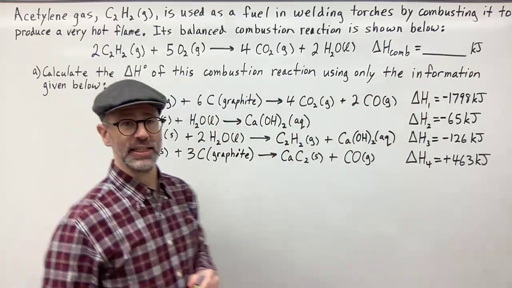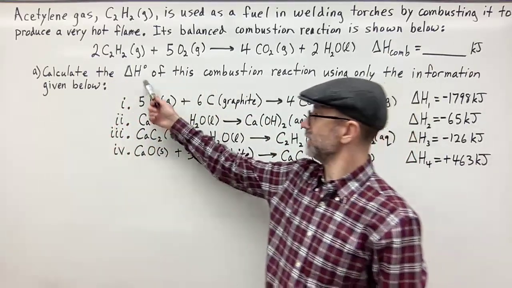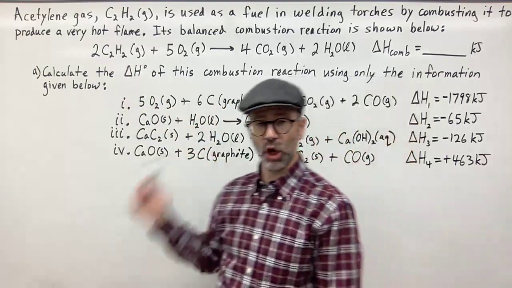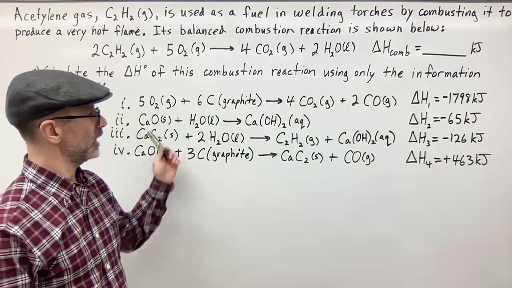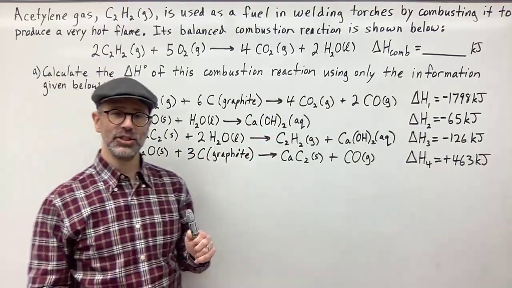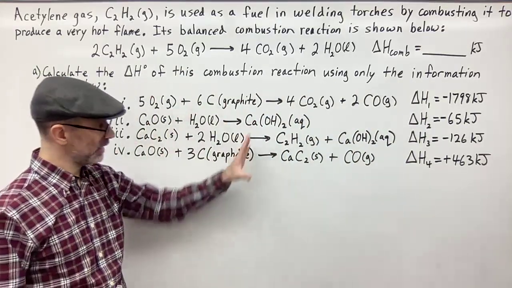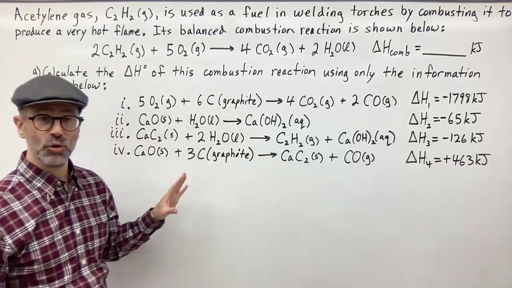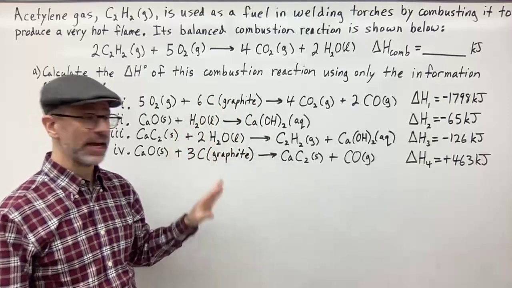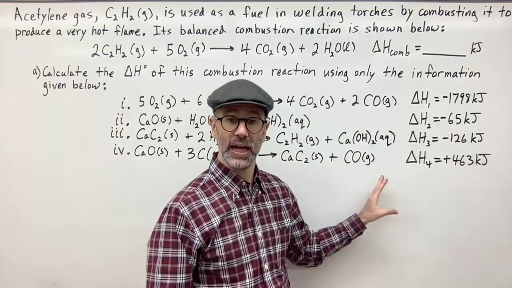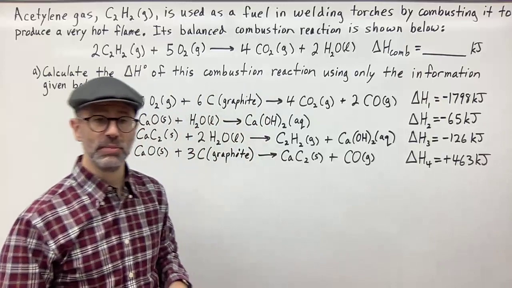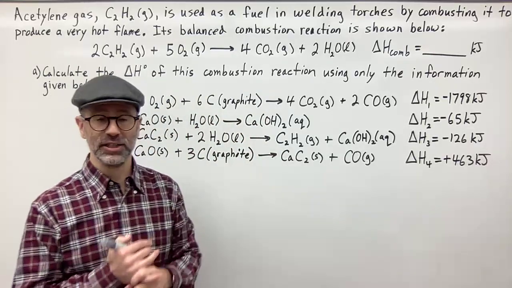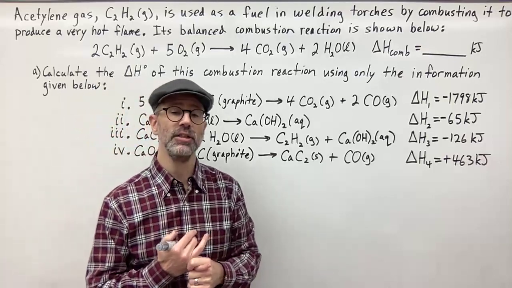In part A, they're telling us to calculate the standard delta H of this combustion reaction using only the information given below. So the expectation is that we need to manipulate these equations using the rules associated with the balanced equation and the enthalpies of those equations. Remember that if you flip or reverse a reaction, then you have to change the sign of the enthalpy of the reaction.